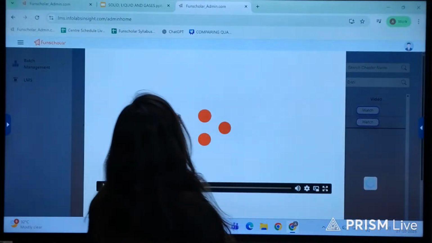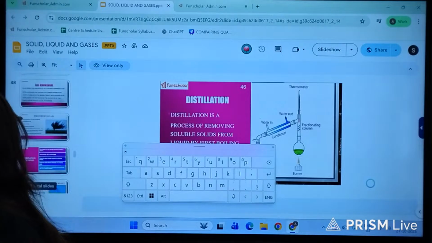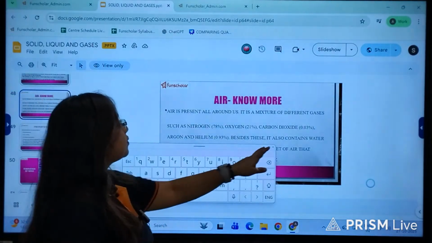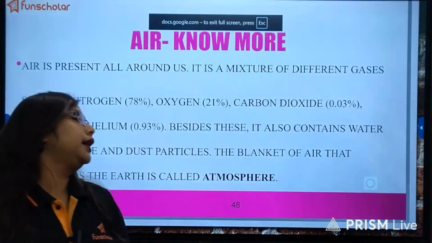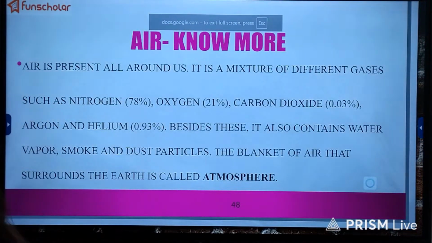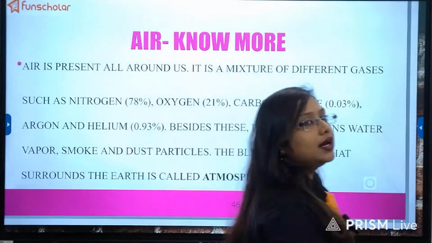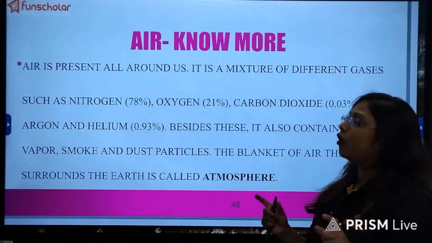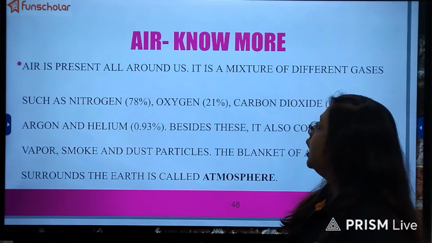So we have already completed the solution as well as the separation topics of this kind of solution. Next, you have in your chapter is air. Let's just go through this and then we will discuss a little bit of air. There is a very short introduction of the air topic in your syllabus.